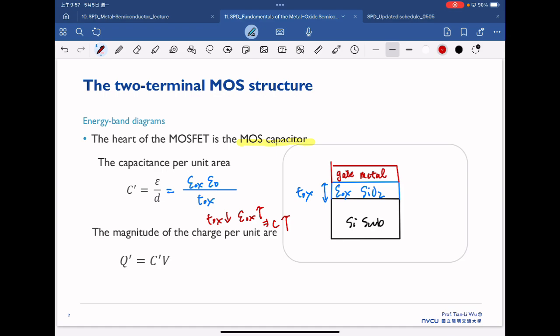And the higher capacitance value is very important because later on we will talk about our drain current.